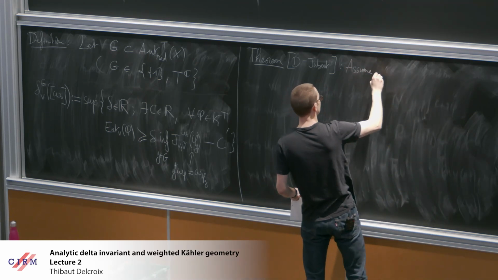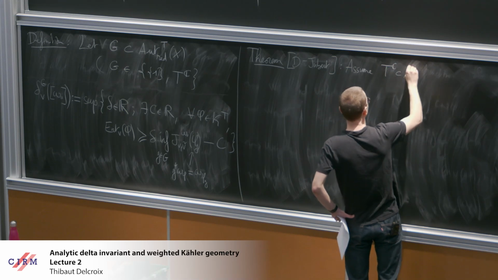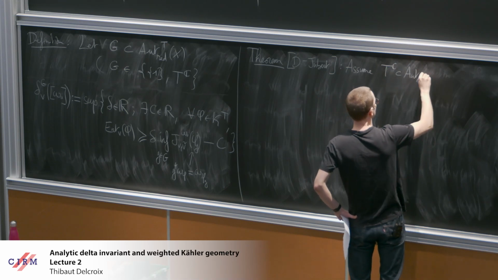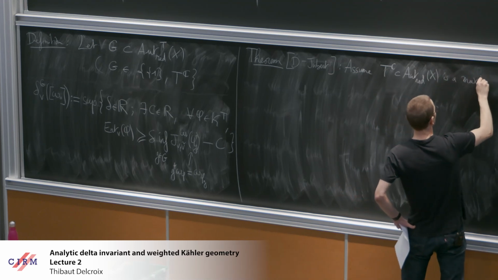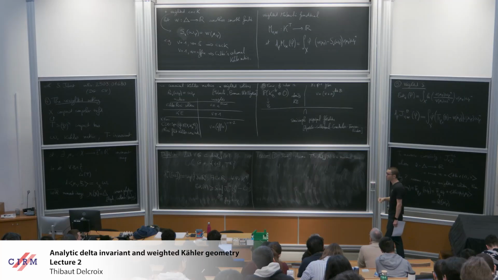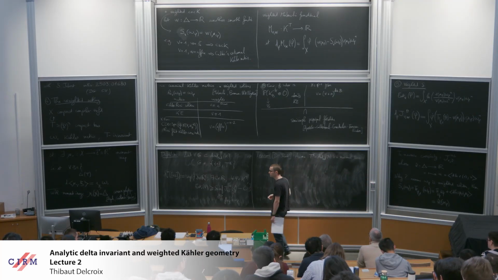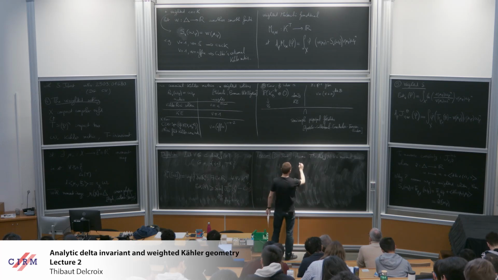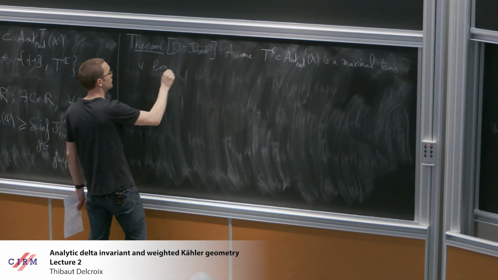I'll comment on the assumptions. So I need to consider a large enough torus action. I need to assume that the weight V is log concave.